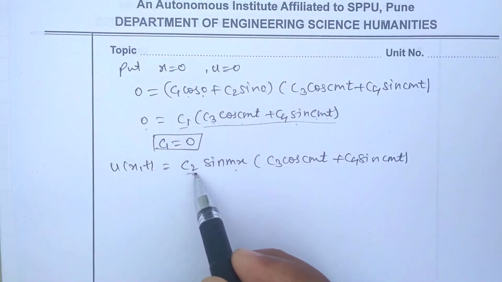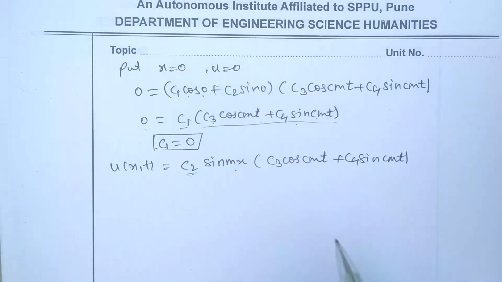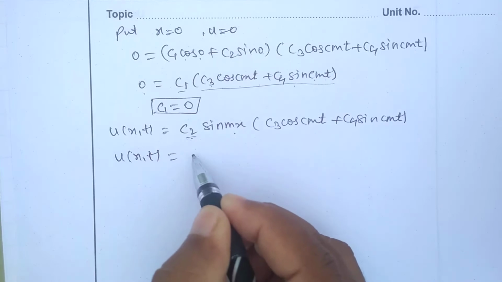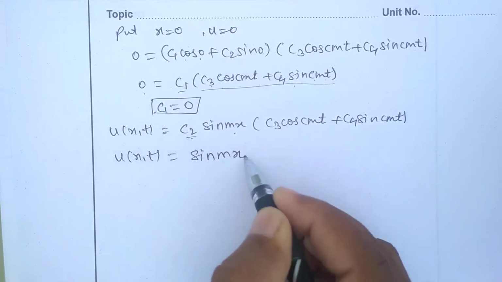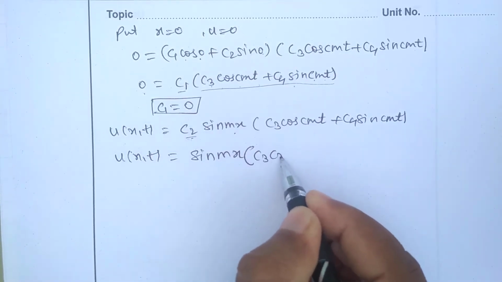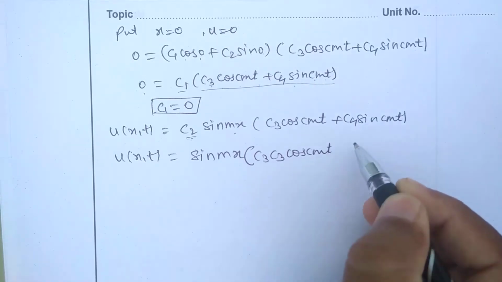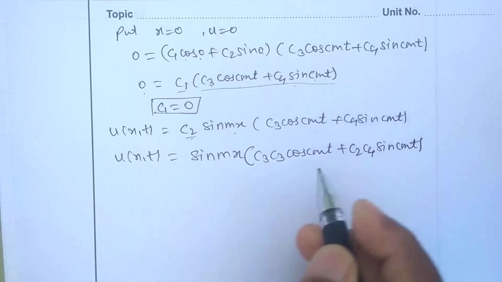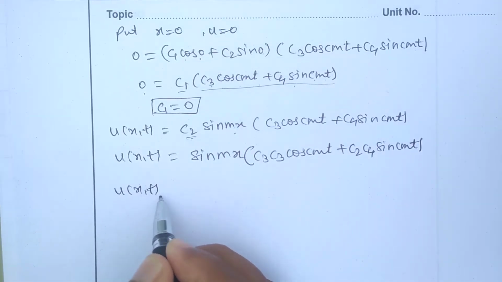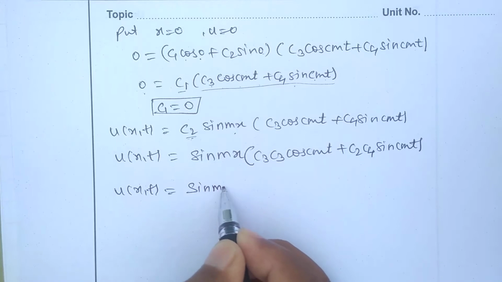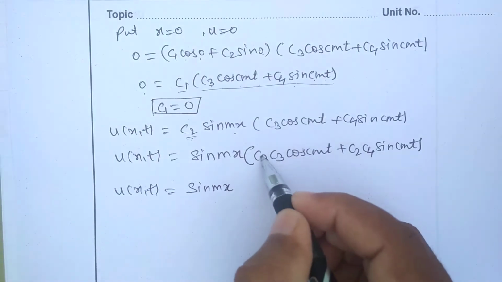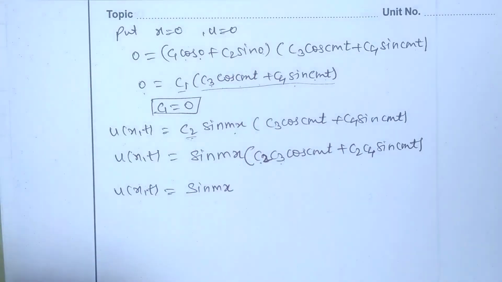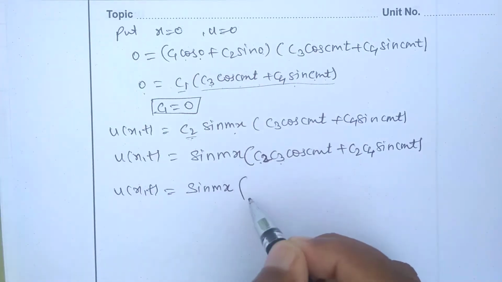Now we can multiply this c2 inside the bracket. So we will get u of x comma t is equal to sin mx as it is outside the bracket, inside c2 into c3 cos cmt plus c2 into c4 sin cmt. Now c2 into c3 is the multiplication of two constants, and the multiplication of two constants is another constant.